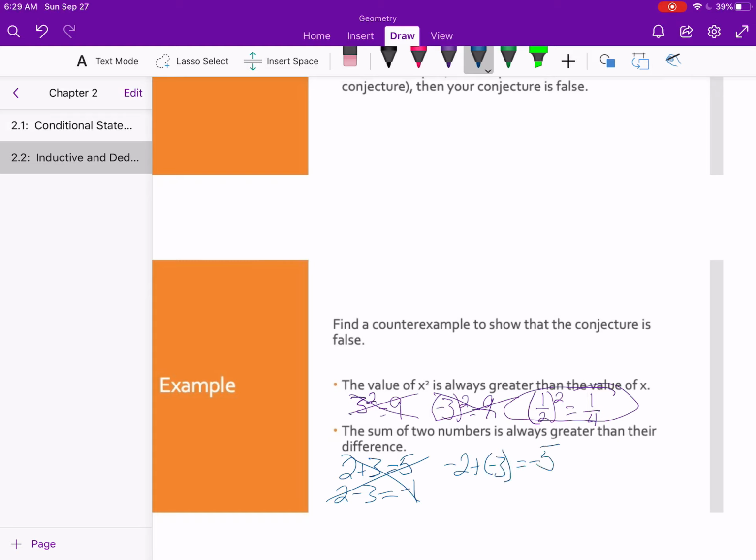That's negative 5. Negative 2 minus negative 3. Subtracting a negative is adding a positive. That becomes 1. And look, we found an example where the sum is not greater than the difference.